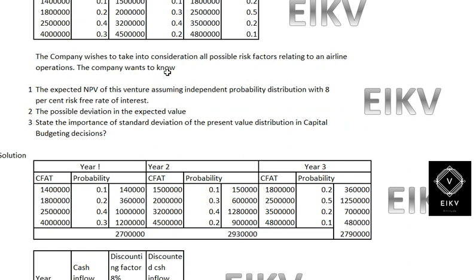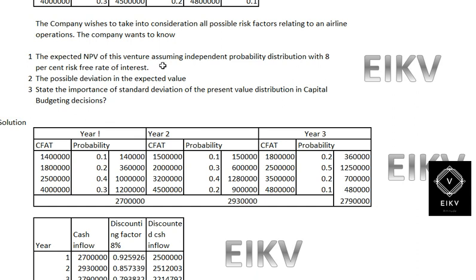The company wants to know: number 1, the expected NPV of the venture, assuming independent probability distributions with an 8% risk-free rate of return; number 2, the possible deviations in the expected value; and third, state the importance of the standard deviation of the present value distribution in capital budgeting decisions.